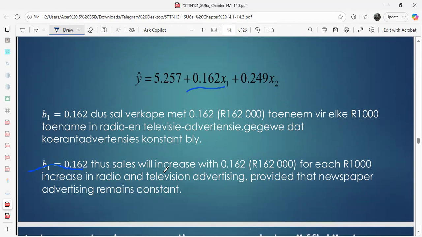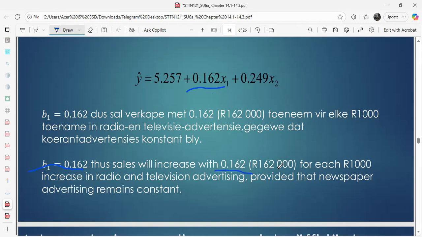Remember B1 is positive, so we say the sales will increase, because the value is positive, meaning it's increasing. The value will increase by 0.162.